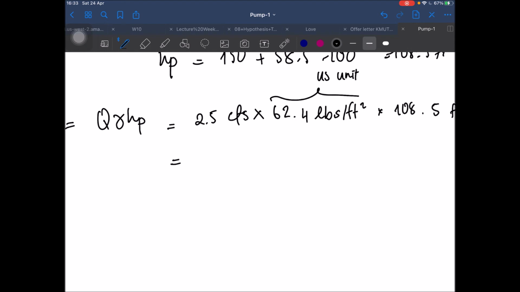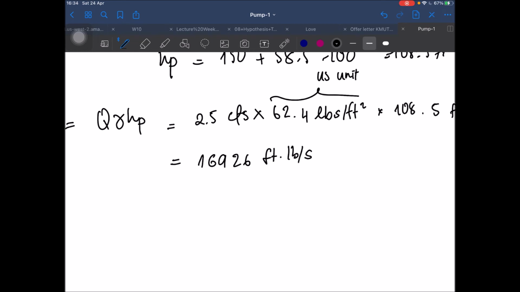So the final answer is 2.5 multiplied by 62.4 multiplied by 108.5. We have 16,926 here. Pound, if I'm right, this is foot-pound per second.